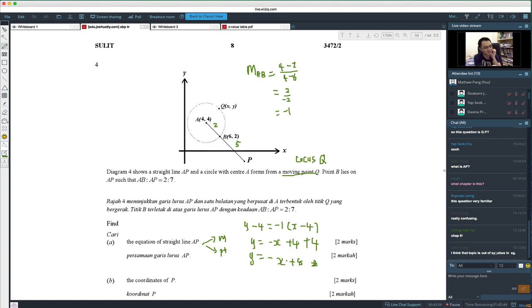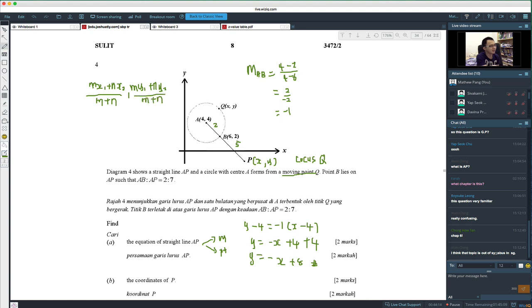The second one, they want you to find the coordinate of P, and this is a ratio. So if this is ratio, you should know you have one formula for it. The ratio formula is (mx1 plus nx2) over (m plus n), comma, (my1 plus ny2) over (m plus n), equals (x, y).